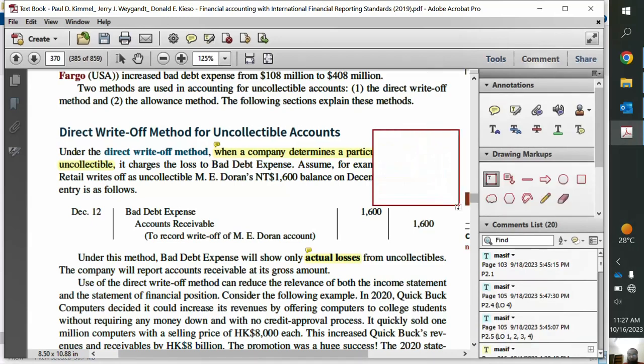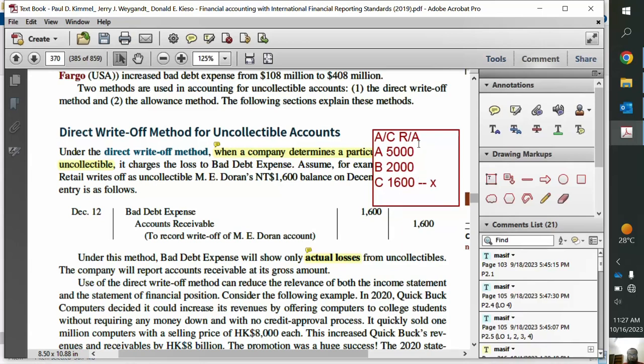Say my accounts receivable are: party A receivable is 5,000, party B receivable is 2,000, and party C receivable is 1600, and I got to know that this is the account which I'm not going to receive.